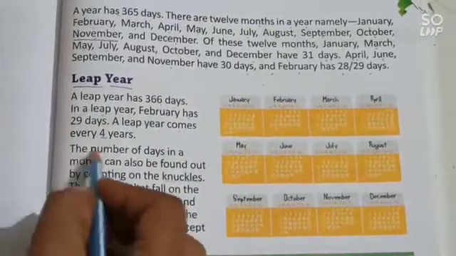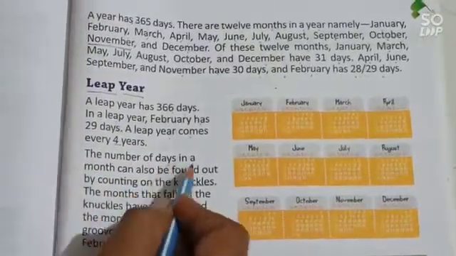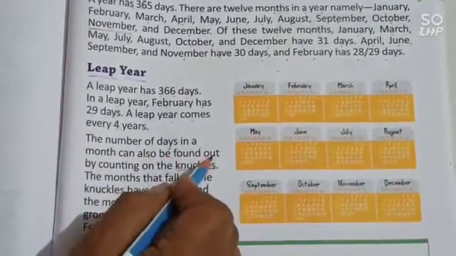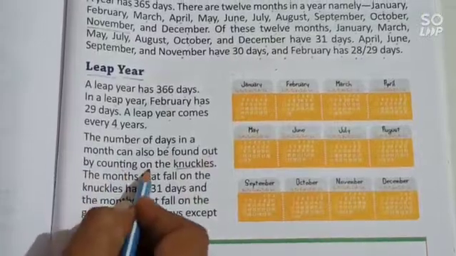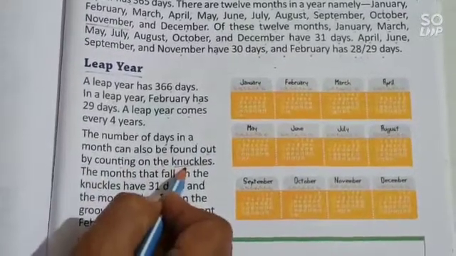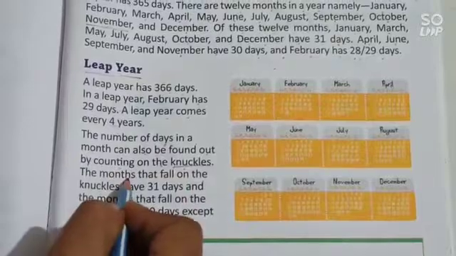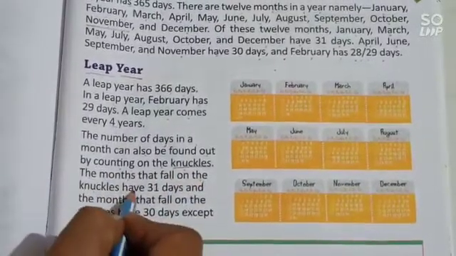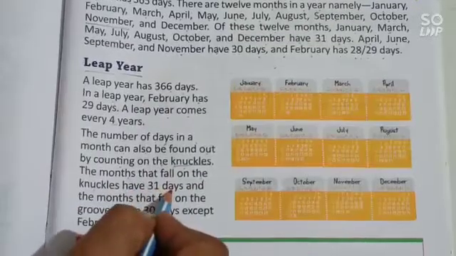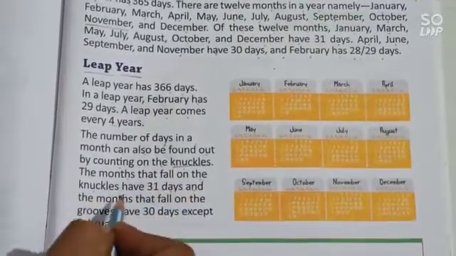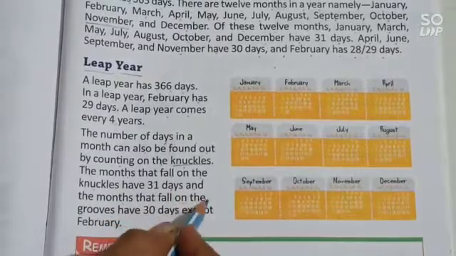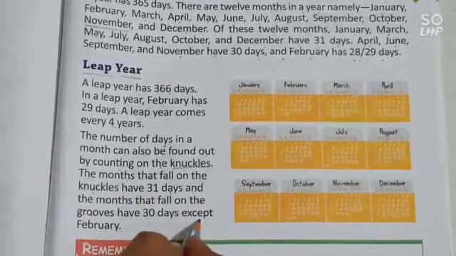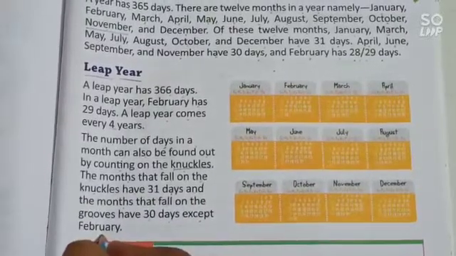The number of days in a month can also be found by counting on the knuckles. The months that fall on the knuckles have 31 days, and the months that fall in the grooves have 30 days, except February. Now I will show you.